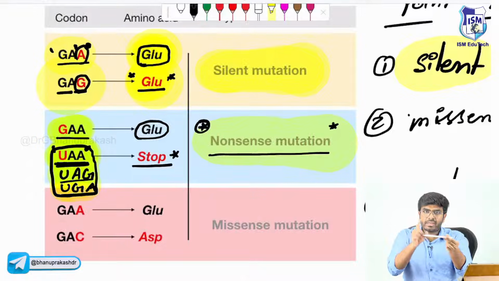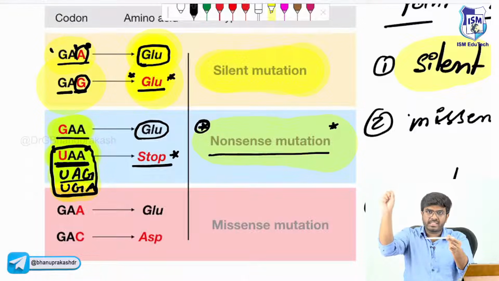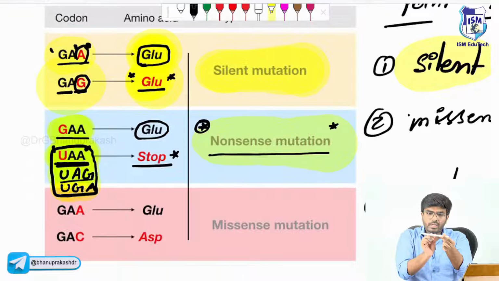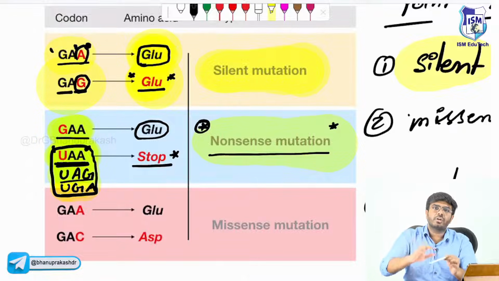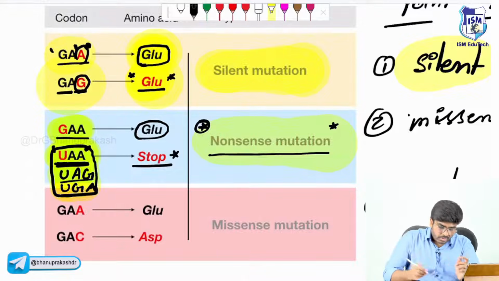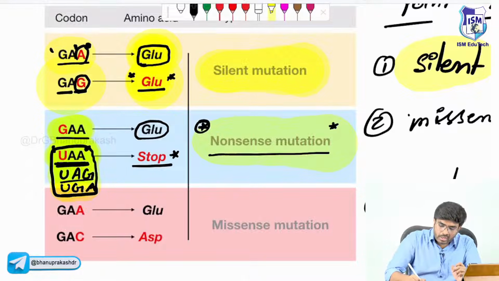The ribosome is doing translation, proteins are synthesizing. Whenever the ribosome comes to UAG, UAA or UGA, protein synthesis immediately stops. So this is called nonsense mutation.